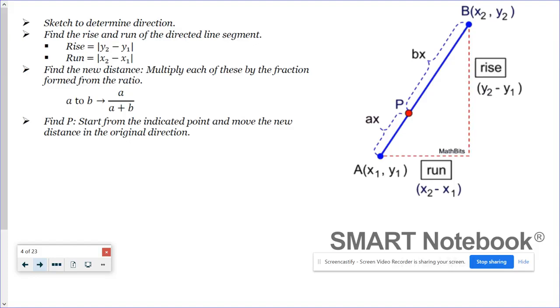And then we're going to find P starting at the indicated starting point and moving in the direction we had indicated in that first step. Okay, are you ready? So we sketch, find the rise and the run, multiply by that fraction, and then we're going to translate to find P.